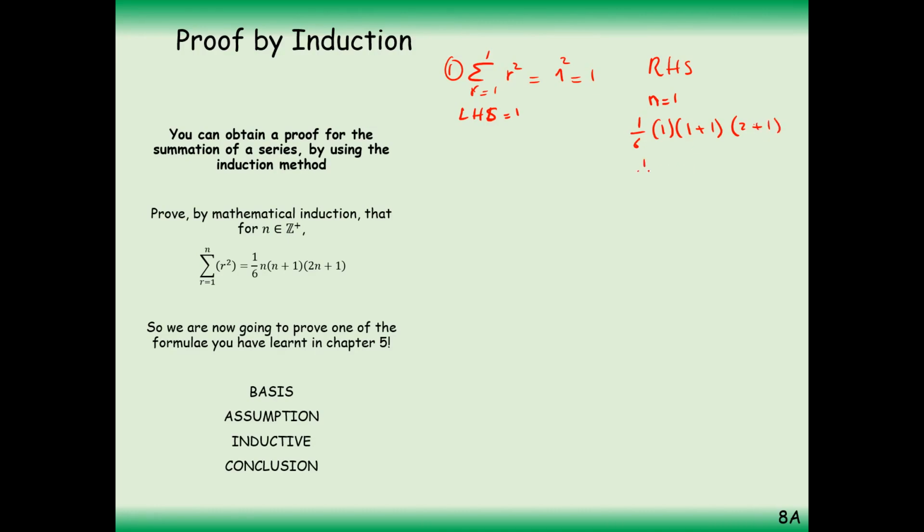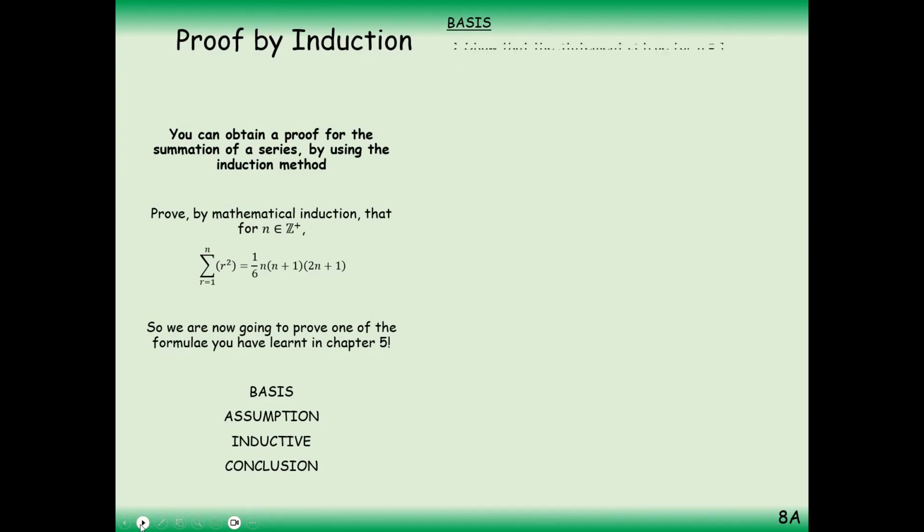So we have 1/6 at the front multiplied by 2 by 3. It's not difficult to see 6 over 6 is 1. Therefore, the left-hand side and right-hand side match perfectly. So that's the basis step done.